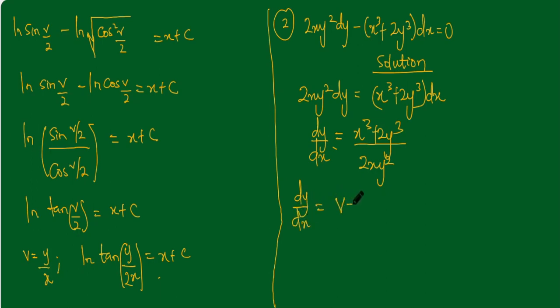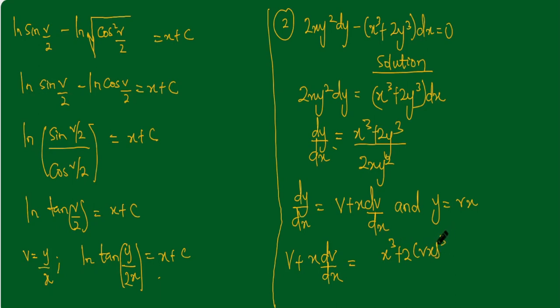On doing this, you can make our dy dx equal to v plus x dv dx, and also our y is equal to vx. So let's substitute that. We have v plus x dv dx is equal to x cubed plus 2 into bracket vx cubed divided by 2x into bracket vx all squared.